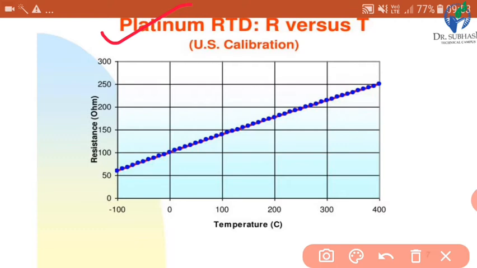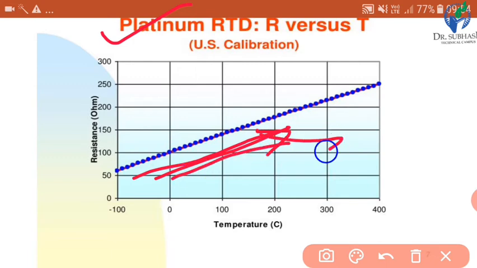Here we can see that as the temperature increases, the resistance also increases. So the relationship between resistance and temperature is linear. This is the typical platinum RTD graph, and it is somewhat linear.